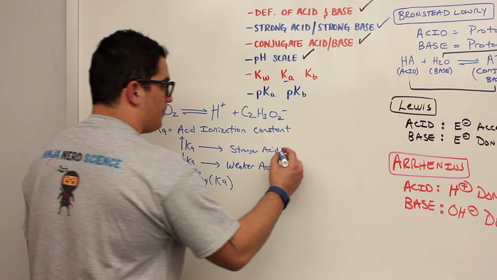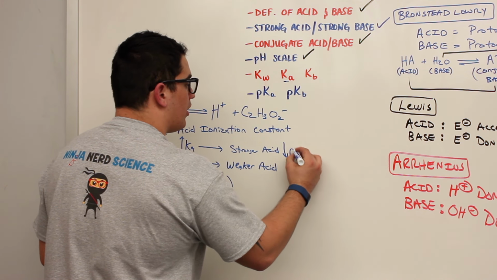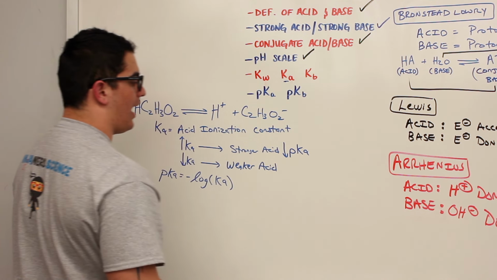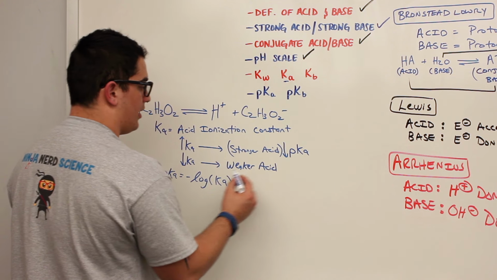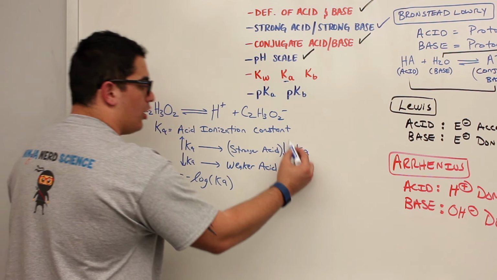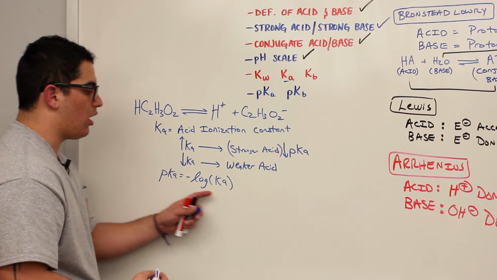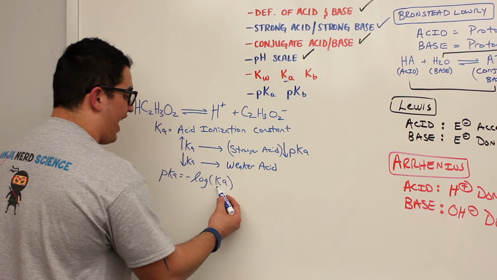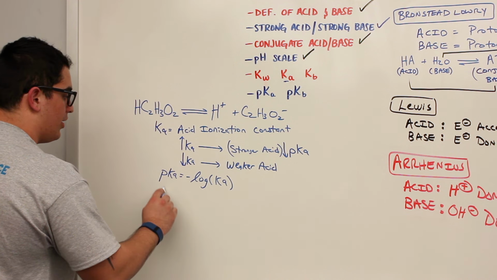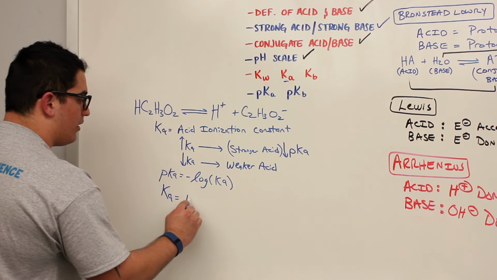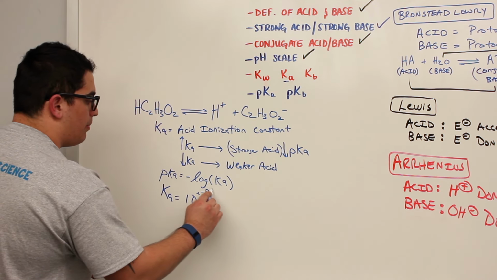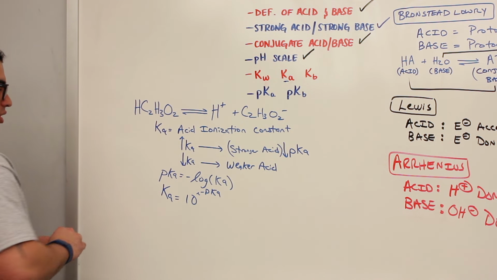So now we say the lower the pKa, the stronger the acid. The higher the Ka, the lower the pKa, the stronger the acid, because it's going to give you this log amount. And again, we can actually solve for Ka. How? 10 to the negative pKa. So Ka is equal to 10 to the negative pKa.